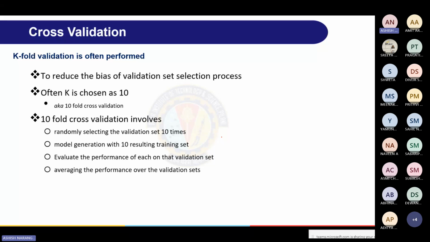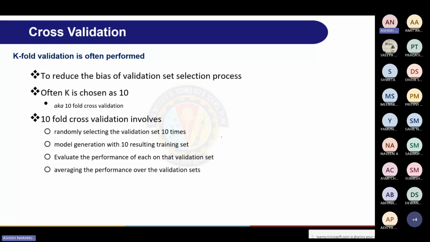Now, let's say k is equal to 10, which is called 10-fold cross validation. What will happen in a 10-fold cross validation? I'm going to divide my entire data set into 10 equal parts, which are called the folds. One fold is selected as a validation set. The remaining 9 folds are used for training.